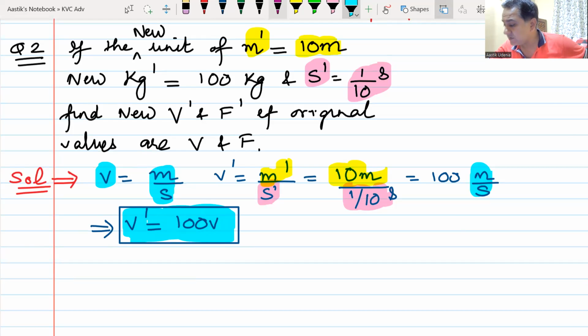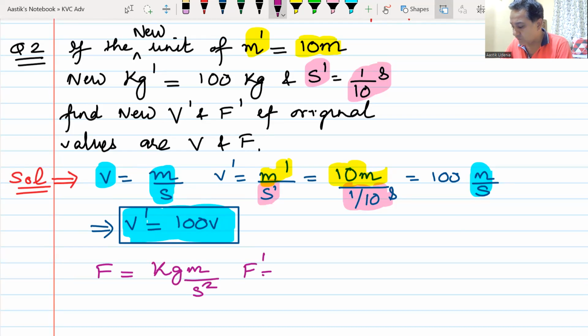I can repeat the same steps to find out the value of new force. If I write the value of original force, the original force will be kg meter per second square. The new value of force F dash will be kg dash meter dash per second dash squared.